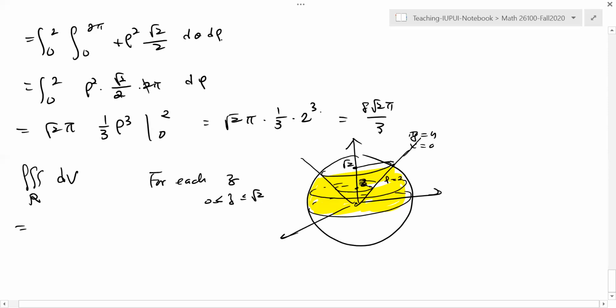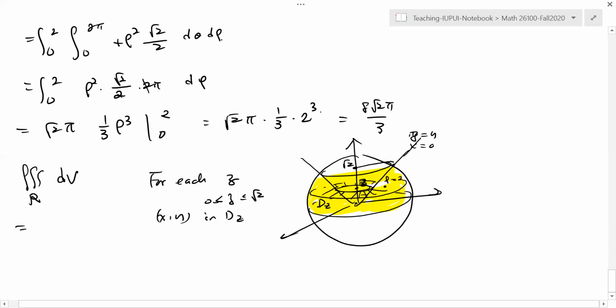So for each fixed z, you get the cross section. And so x, y are in this disk, right? The small disk is removed. That disk I call D_z. So x, y is in D_z.